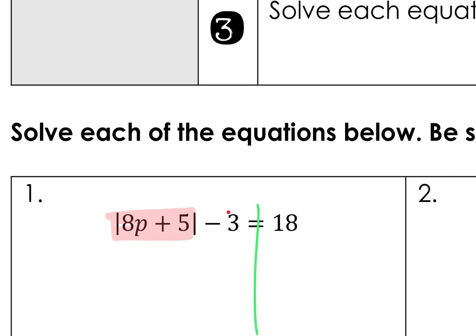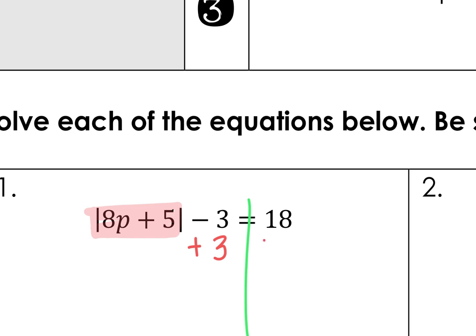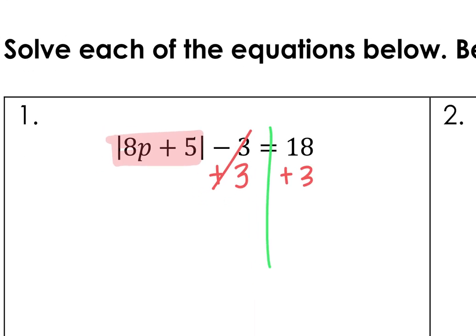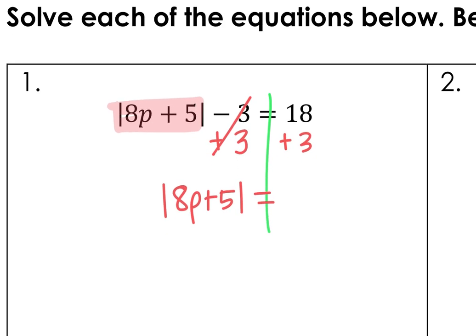So I need to bring this minus 3 over to the other side. I'm going to do the inverse of a negative 3, and I'm going to add the 3. And again, whatever I do to one side, I'm going to do to the other. So that leaves me with the absolute value of 8p plus 5 is equal to 18 plus 3 is 21.